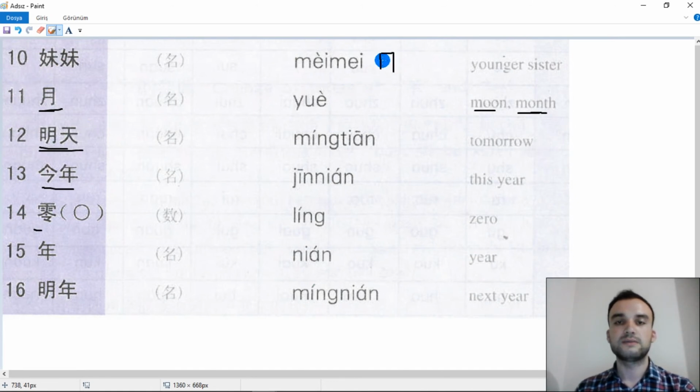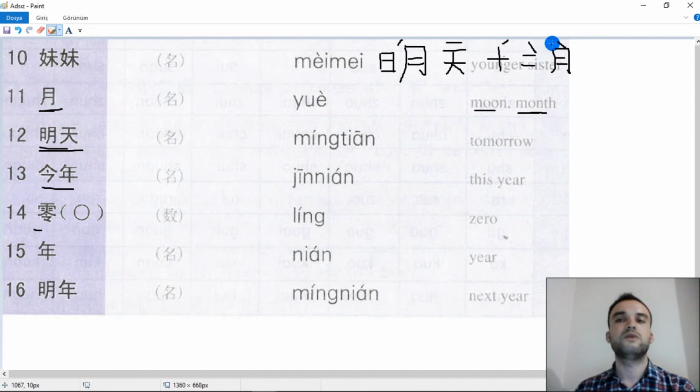Okay, I will write that. 明天 December 12月, fourth and second tone. 12月10号, 号 is fourth tone. Tomorrow is December 10th.